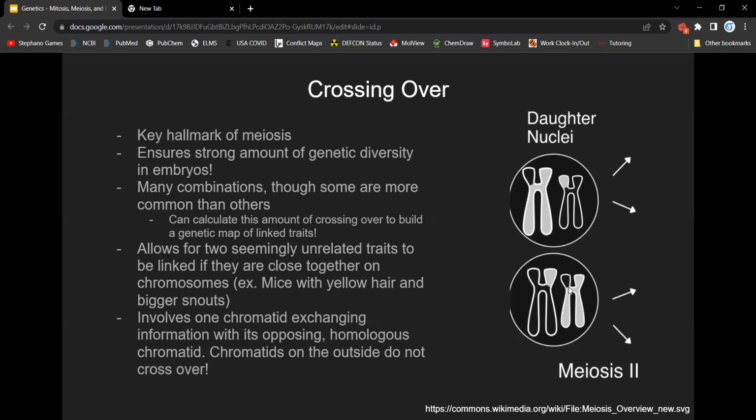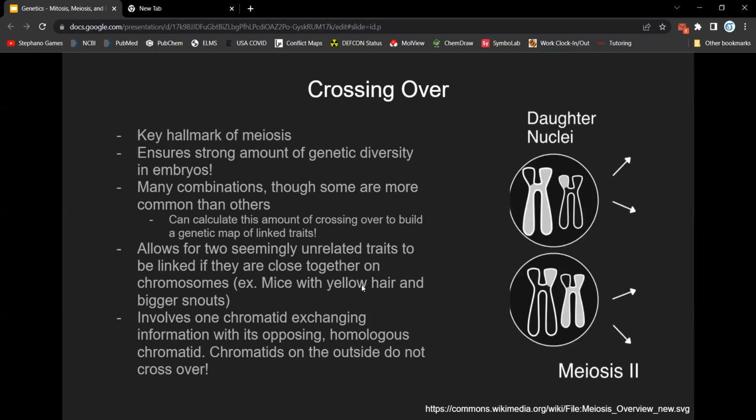And so practicing with spatial examples is one way that I really learned how to do this. Another way to do it is kind of just draw this diagram right here and practice it, recognizing that the chromatids on the outside don't cross over at all, and that the ones on the inside have a strong chance of doing so, but that it's random.